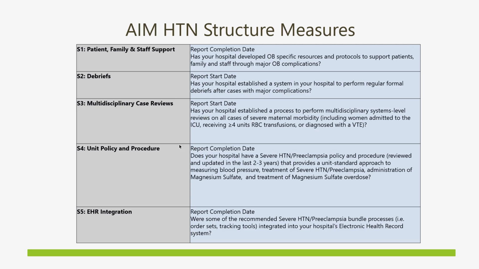For S1, it's patient, family, and staff support, and the measure on the report form will be just to look at where you are with your hospital having specific resources and protocols to support patients and family and staff. The structure measure for debriefs: do you have a system in place that's been established to perform debriefs? The multidisciplinary case reviews: having that process in place to review all cases of severe maternal morbidity.